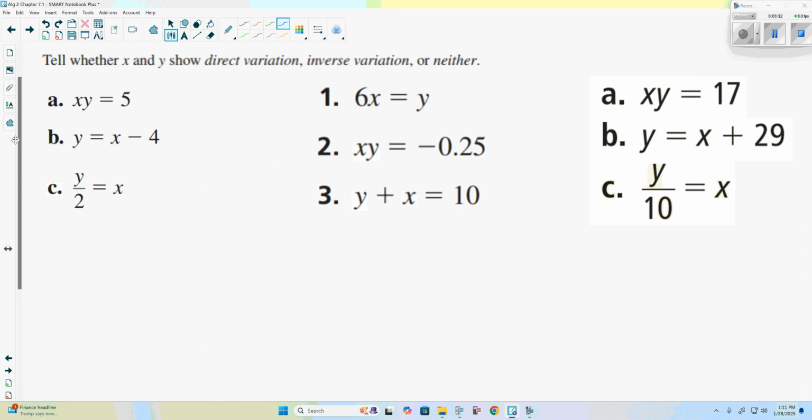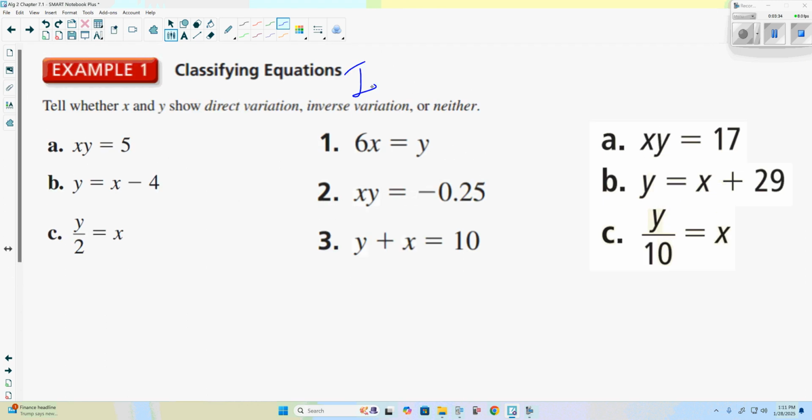It does match up, because our inverse variation was y equals a over x, x equals a over y, or we could say that x times y is equal to a. In A, it's just a value. So that would indeed be inverse variation, inverse.